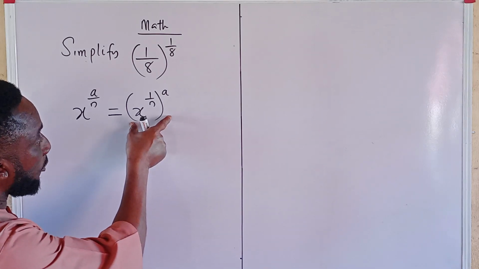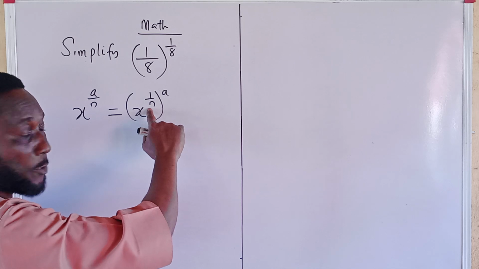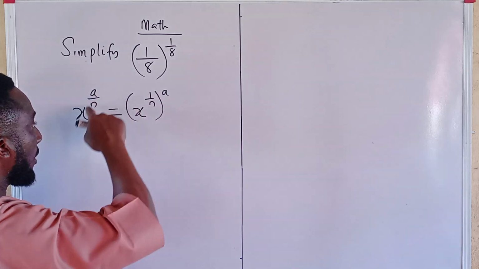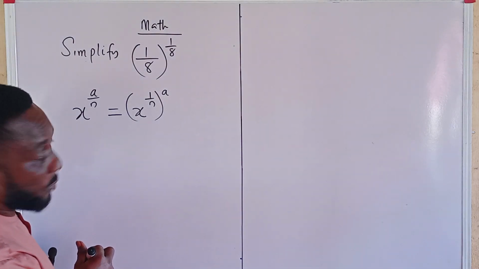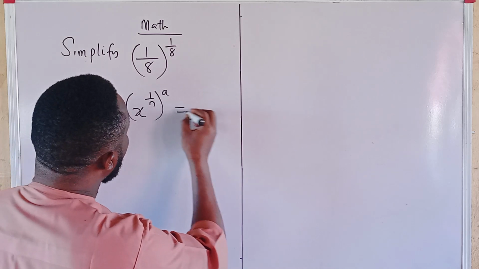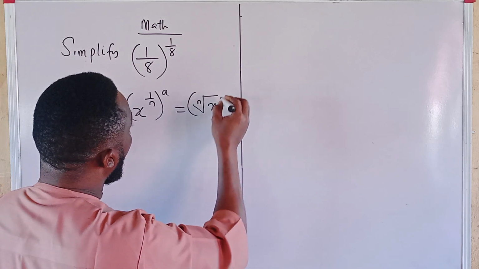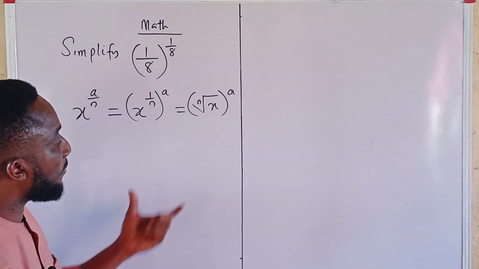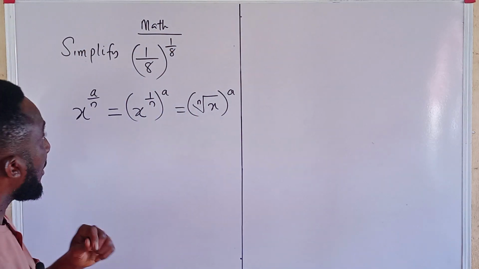According to the power rule of exponents, if a power is raised to another power, we multiply the powers. So if we multiply a and 1 upon n, we have a upon n. Then s to the power of 1 upon n is actually the nth root of s, all raised to the power of a. So with this fractional rule of exponents, I shall simplify this radical.